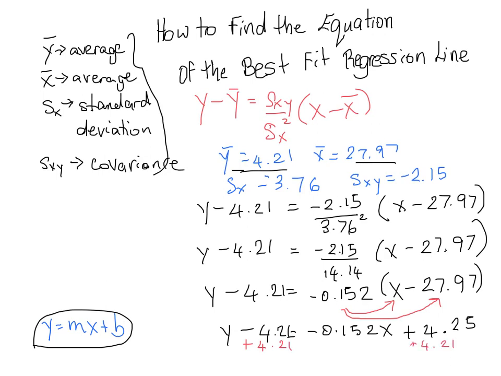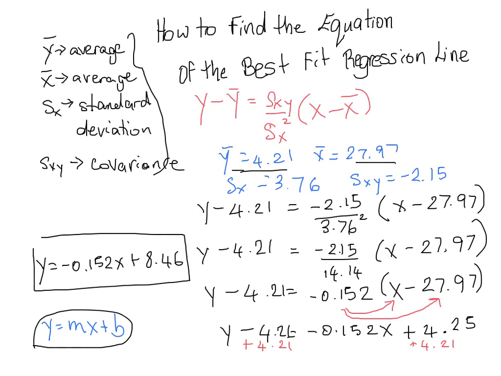And we get that y is equal to negative 0.152x plus, and let's add that up, we have 4.25 plus 4.21, and we have plus 8.46. So now that is the equation of the line of best fit, the best fit regression line equation.